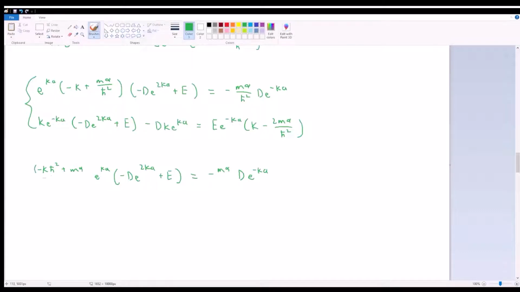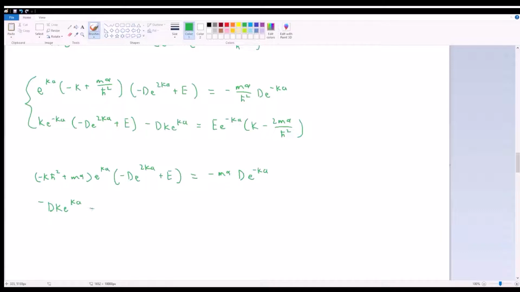So I'm going to do that. Add parentheses at the front here. Move this down, like that. There we go. Okay, next, let's distribute this out. So this is going to be negative Dk e^(ka), I believe.